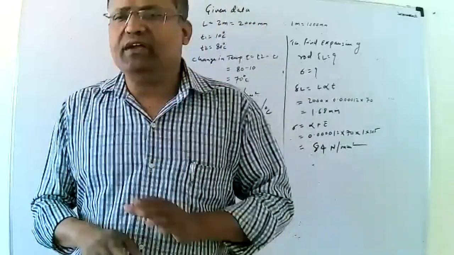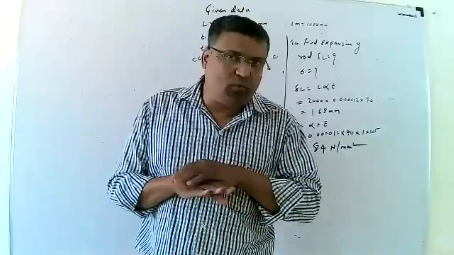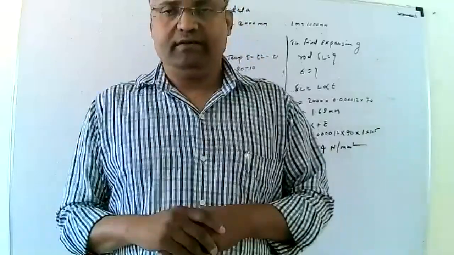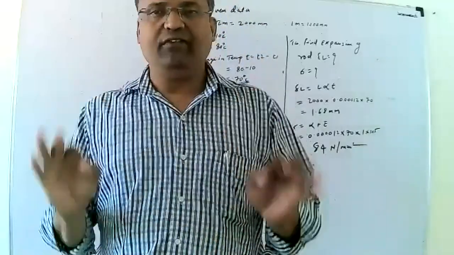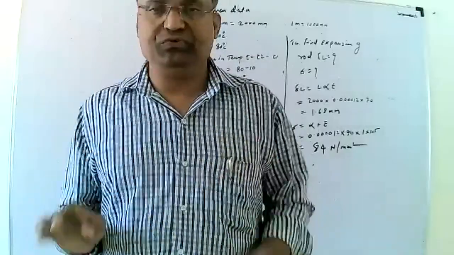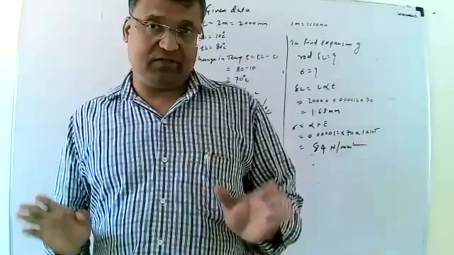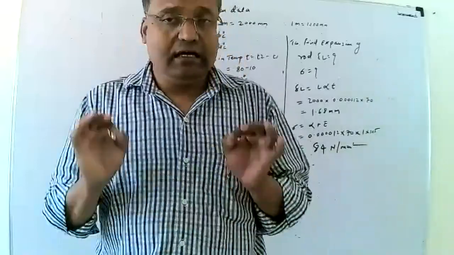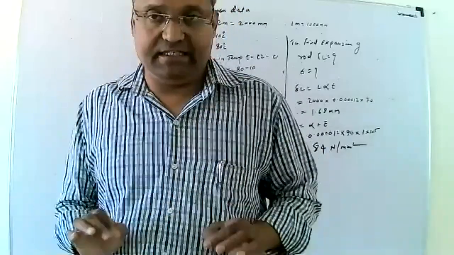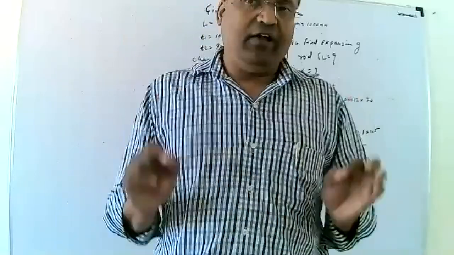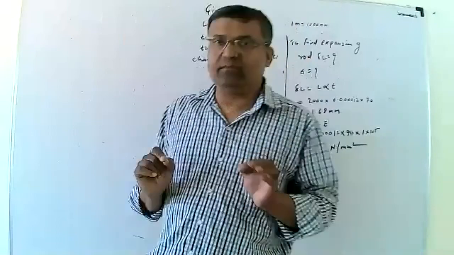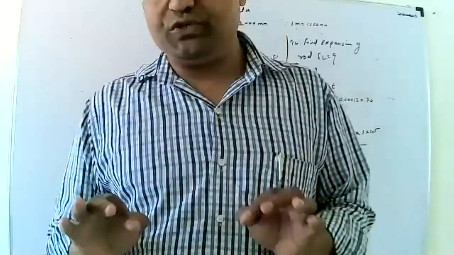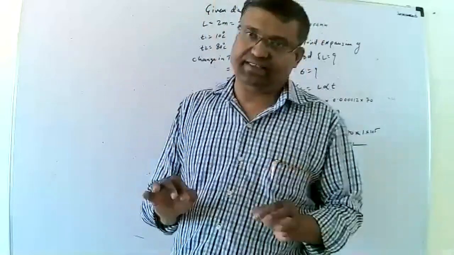If the value of Young's modulus of elasticity is not provided in the example or problem, always assume 2 into 10 raised to 5 Newton per mm square. That is a constant value of Young's modulus of elasticity. And the value of alpha is also constant, 12 into 10 raised to minus 6 per degree Celsius.